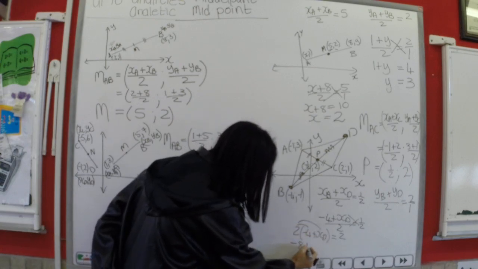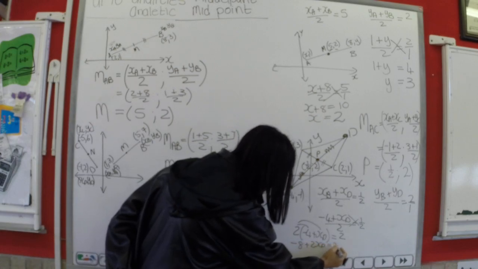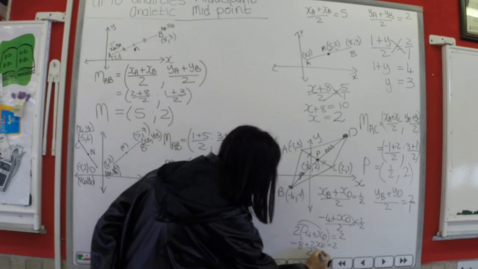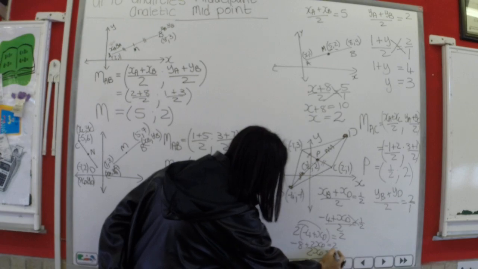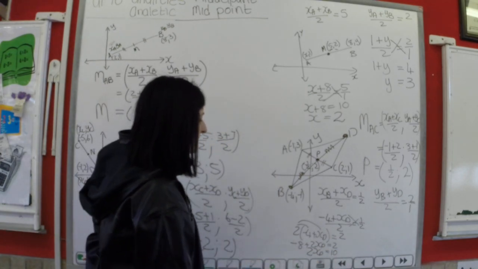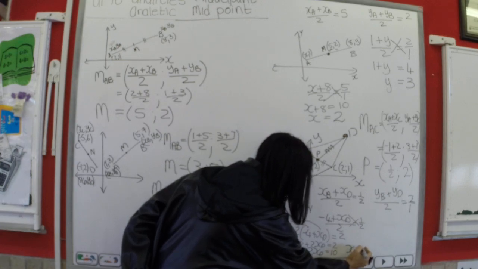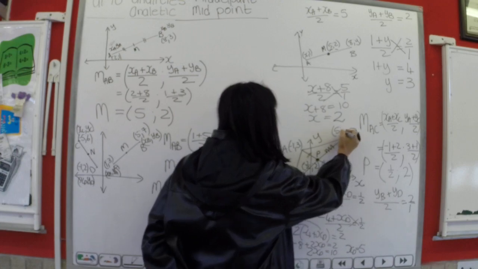Plus 2XD is gelyk aan 2. As ek die 8 oorvat, is 2XD gelyk aan 2 plus 8 is 10. So as ek deel met 2, dan het ek dat XD gelyk is aan 5. So daar het ek my X koördinaat van D.